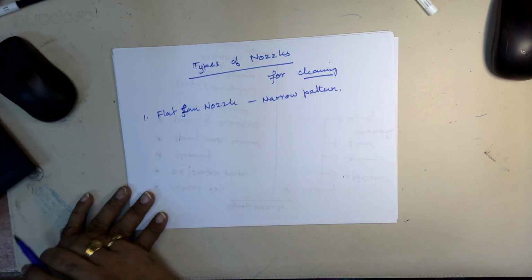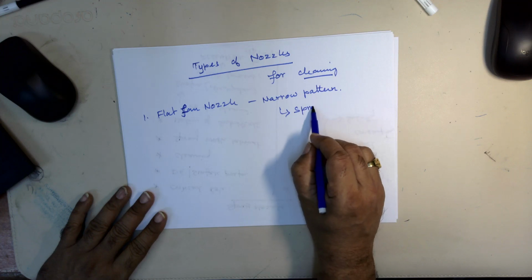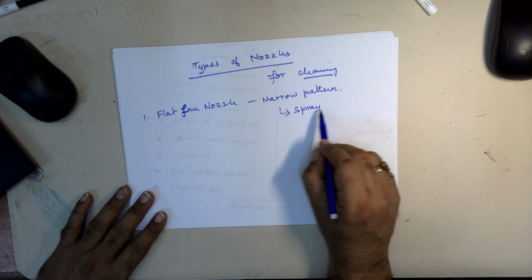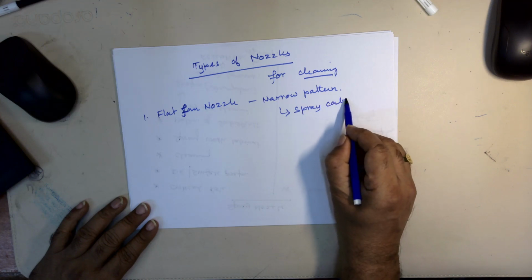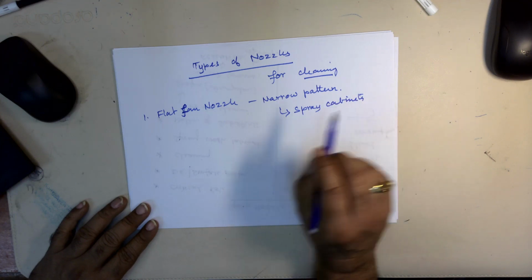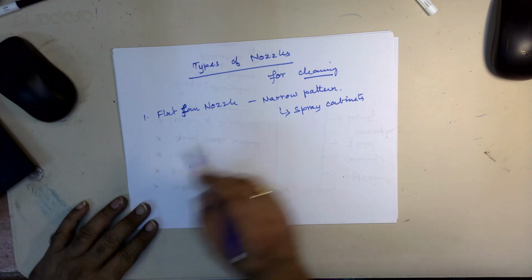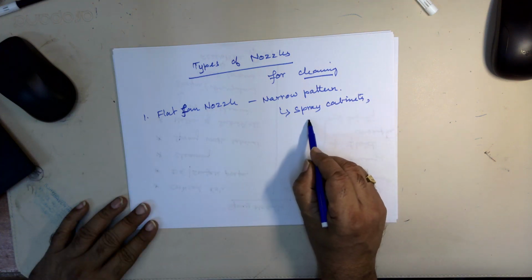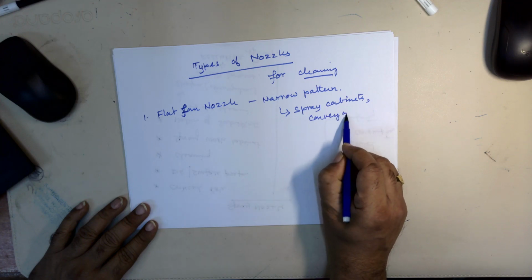This is best for spray cabinets. If they have cabinets, this kind of spray nozzle is very suitable for spray cabinets and their spray lines. It is also useful for conveyor type washers.